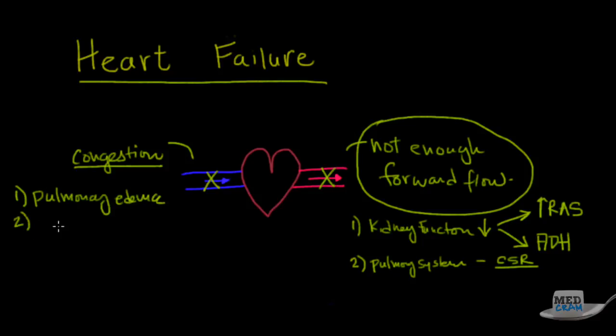But if it keeps backing up, you know that the next organ it's going to go to is the liver. So, liver congestion. You could see the AST and the ALT go up. This is also known as nutmeg liver, because if you do a cross-section of the liver, it would look like there is nutmeg.